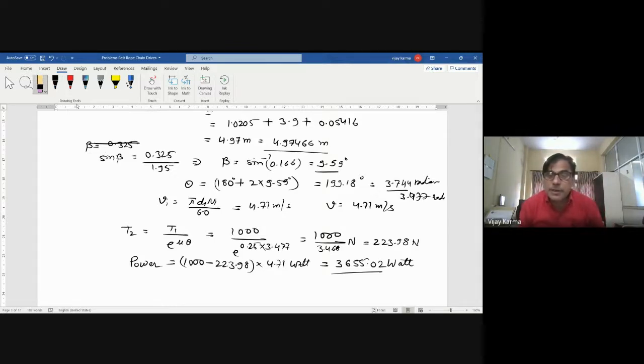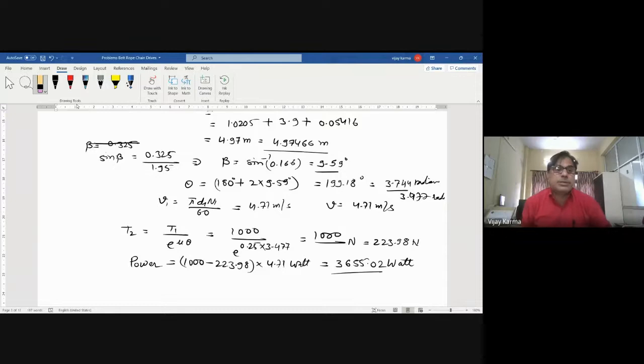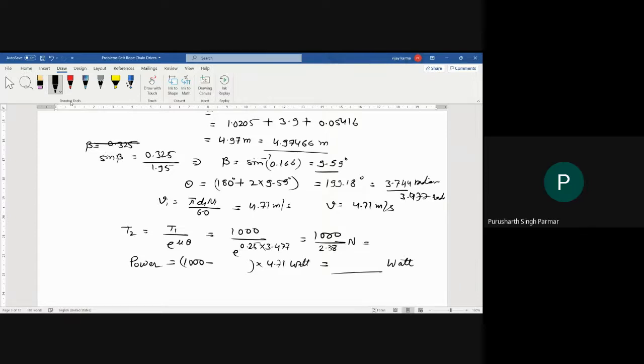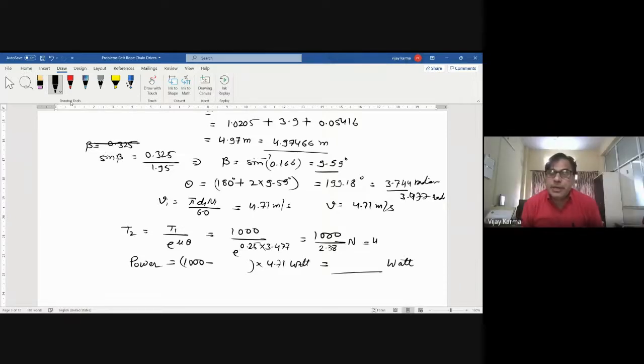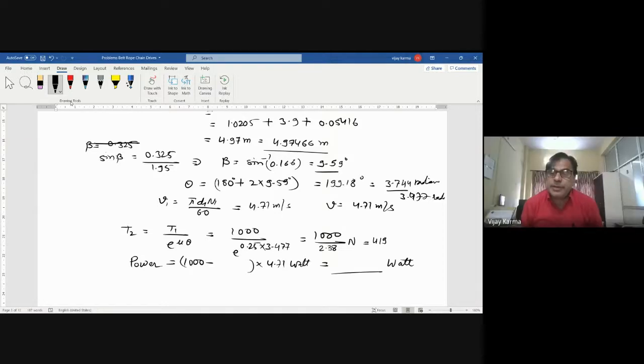So this ratio is not 3.46; it is 2.38. So this will also change, and that's why I always say check the values. With 2.38, T2 will be 419, or 420, it's okay, Newton.